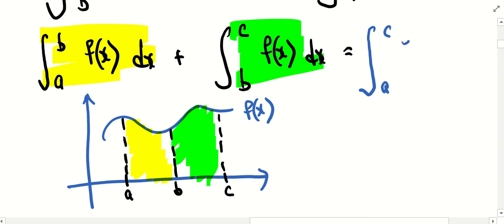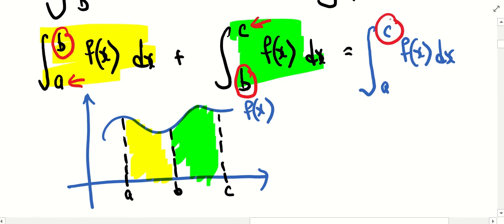C. Alright, I don't want you to memorize. Why? Because there is a common lower and upper limit. When there is a common lower and upper limit, I just make use of the original lower limit, the original upper limit, and you will result in this. Okay?